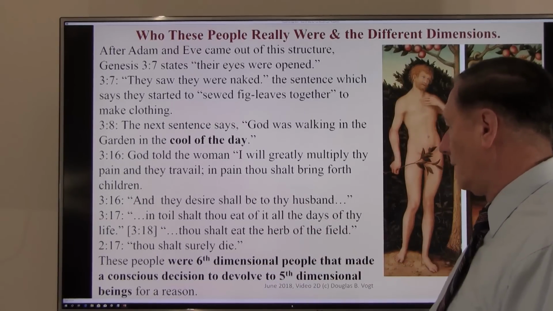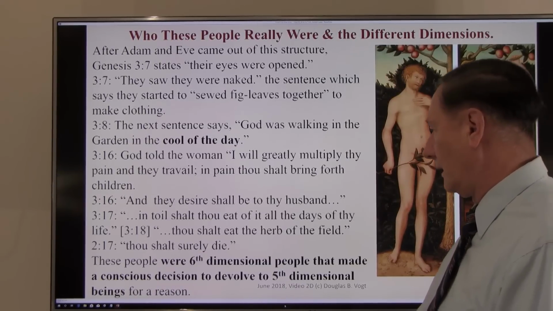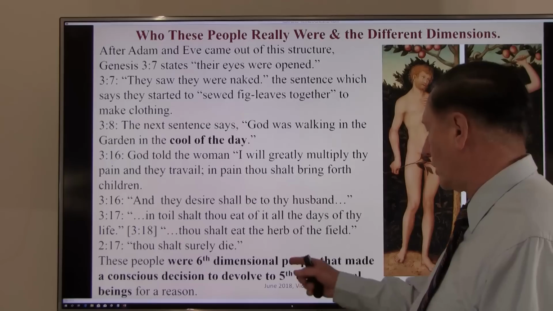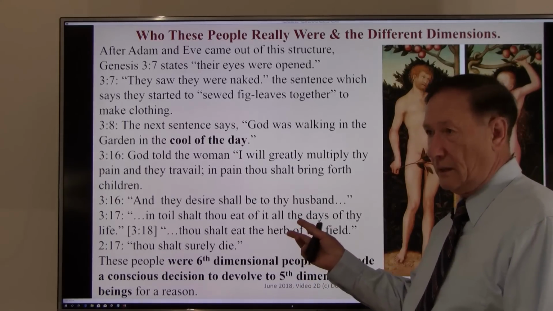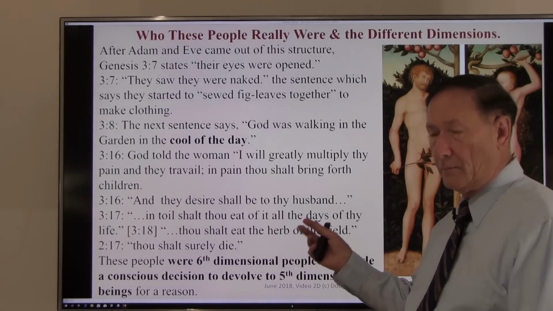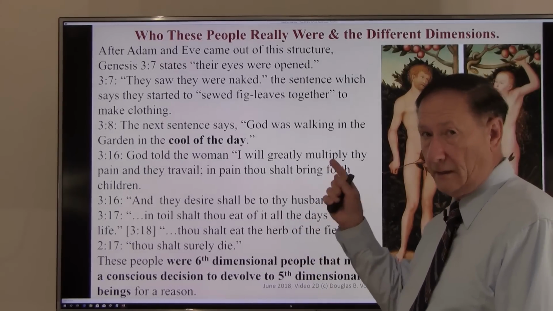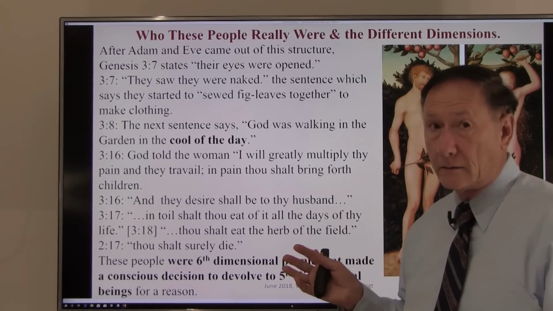3:17, "In sorrow thou shalt eat of it all the days of thy life. Thou shalt eat the herb of the field." In other words, you've got to become a farmer and get food from the land. But that means the flip side, before they did whatever they did in that room, they didn't have to eat.